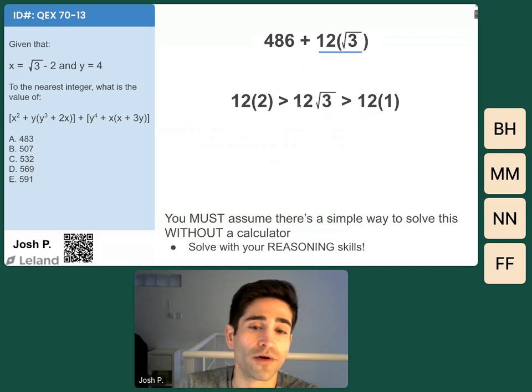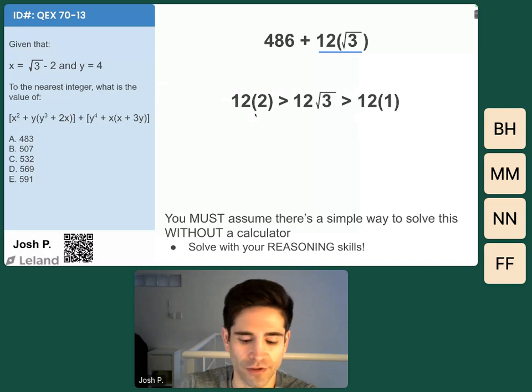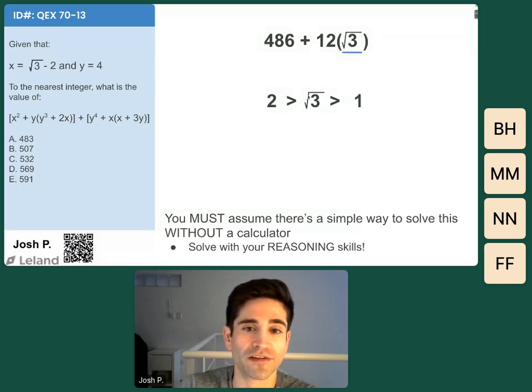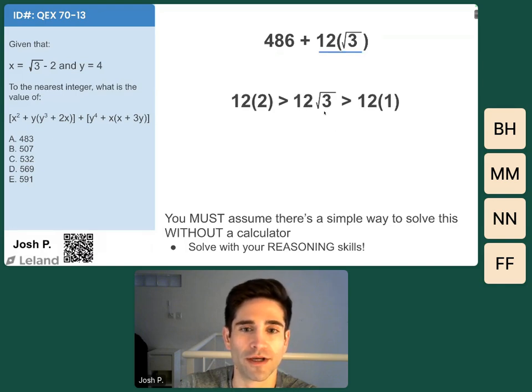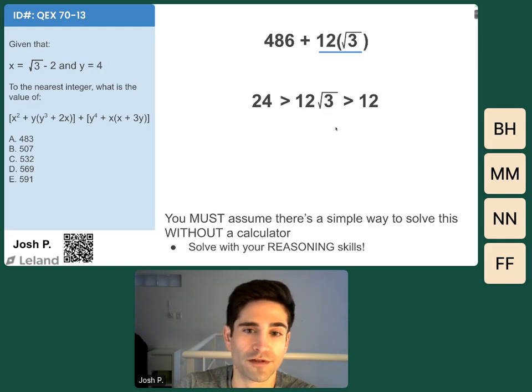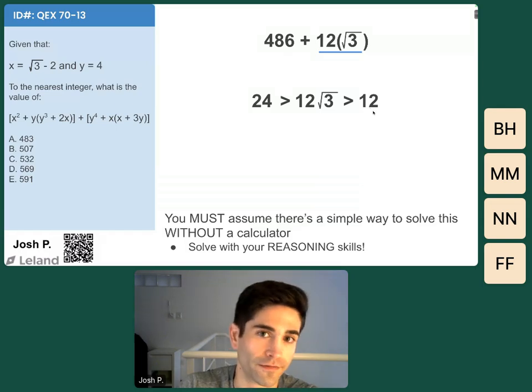And if I look at 12 square root 3, I can multiply the other terms. So if we have 2 greater than square root 3 greater than 1, that means that 12 square root 3 must be less than 12 times 2, yet greater than 12 times 1. And therefore, 12 square root 3 must be less than 24, yet greater than 12.